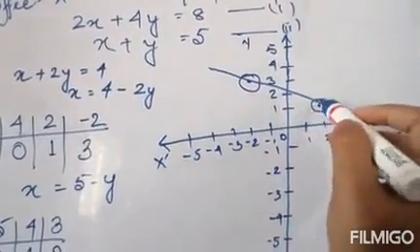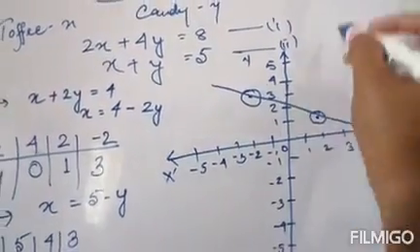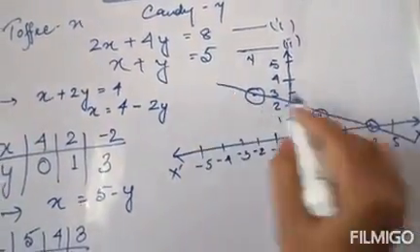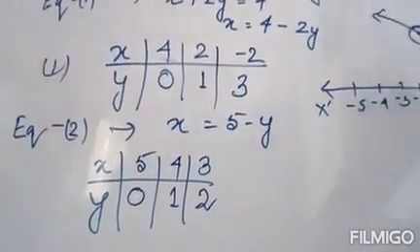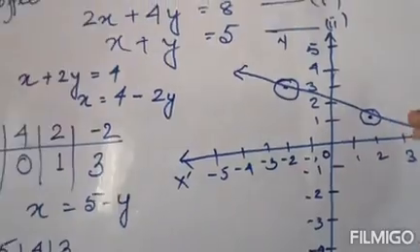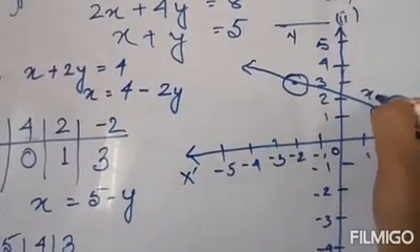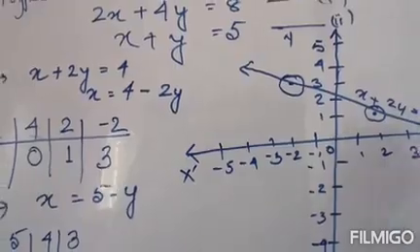If it is not passing also, at least by the side you have to move, put a scale and draw a straight line. And this is our first equation. The equation was x plus 2y equal to 4.